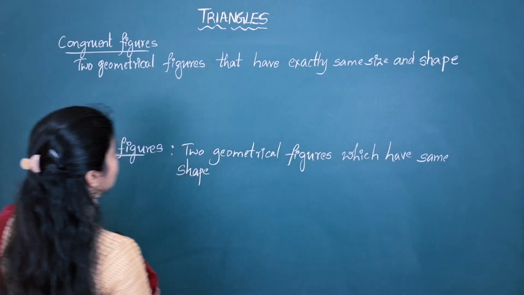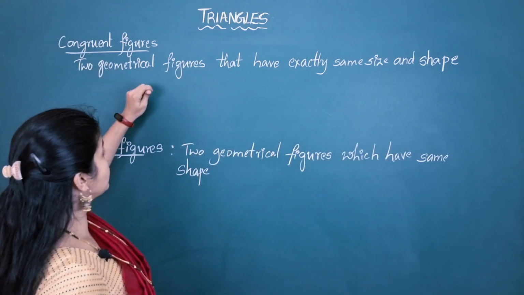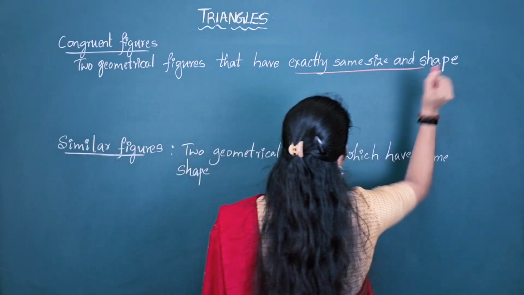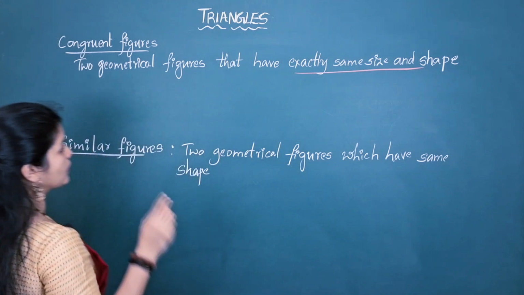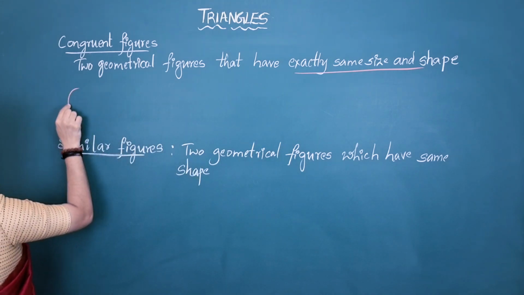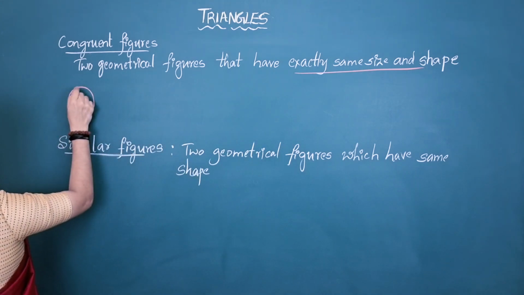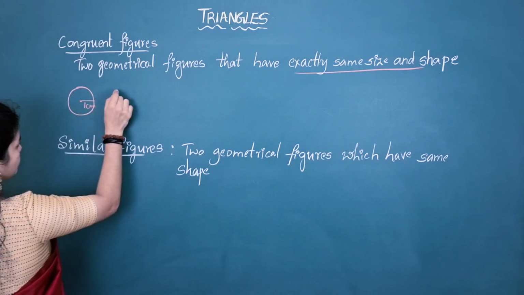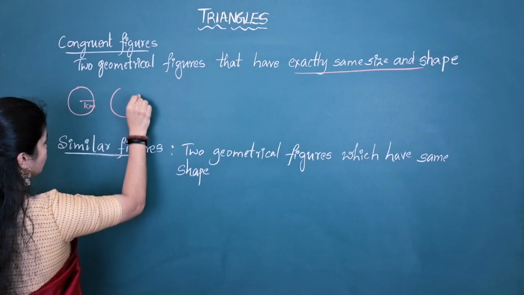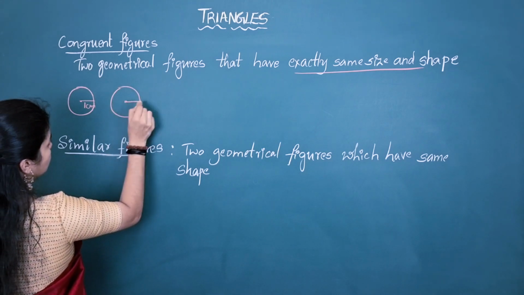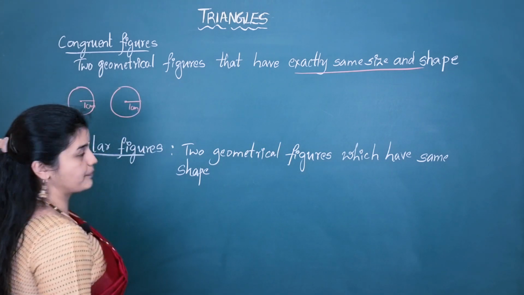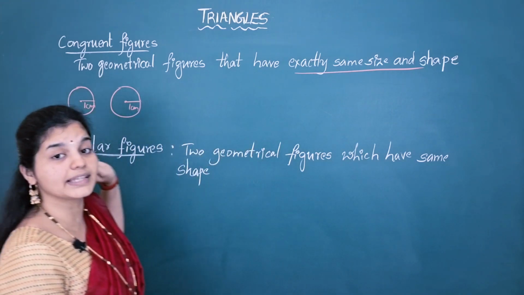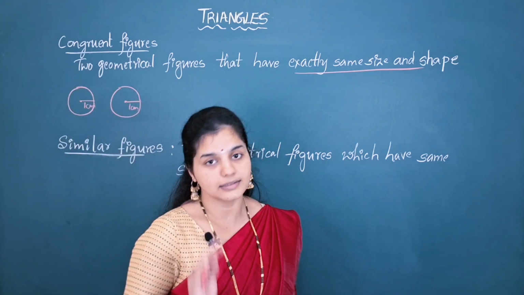Now let us consider examples. Okay, so congruent figures ಅಂದ್ರೆ two geometrical figures that have exactly same size and shape. For example, if you consider a circle with radius say 1 centimeter. Okay, ಅದೇ ರೀತಿ ಇನ್ನೊಂದು circle with radius 1 centimeter. Okay, so now you see these two geometrical figures, they have the same shape, means both are circles.